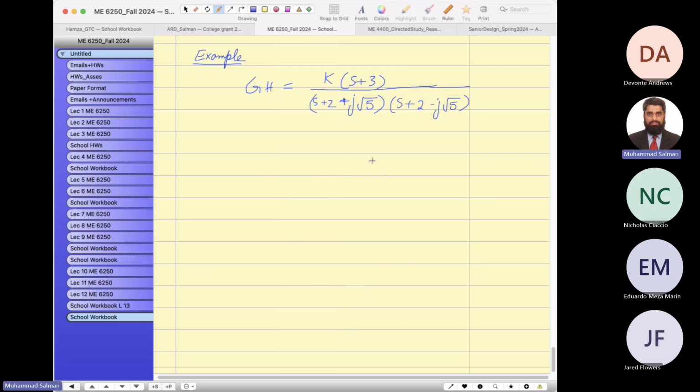Now you can draw the real axis, and this is my imaginary line, this is my real line.